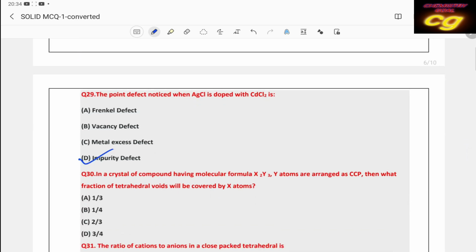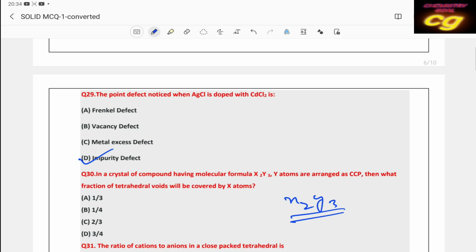In a crystal compound having molecular formula X2Y3, Y atoms are arranged CCP, then what fraction of tetrahedral voids will be covered by X atoms? As the formula is X2Y3, and the question is already given, what fraction of tetrahedral voids will be covered by X?